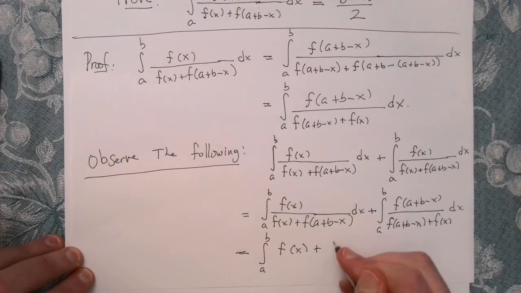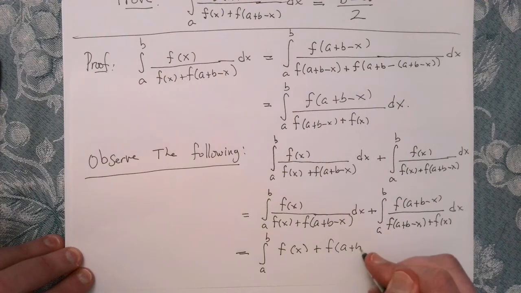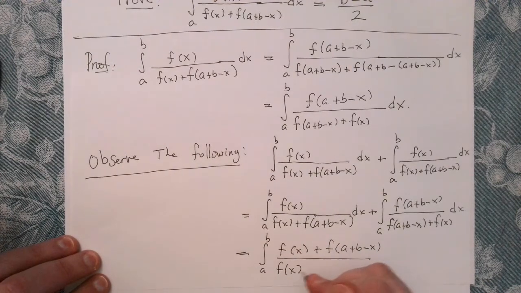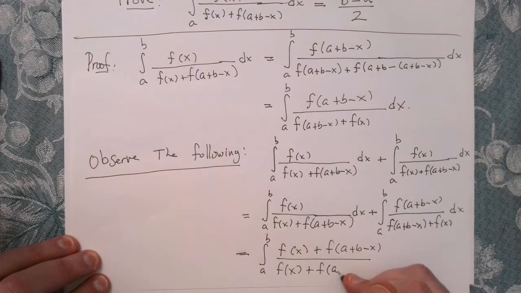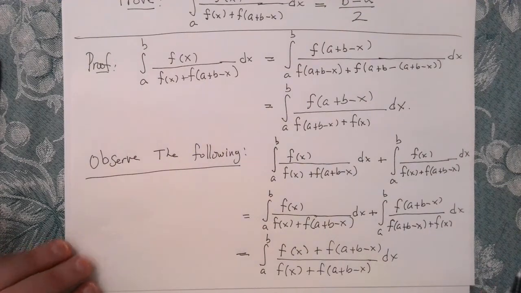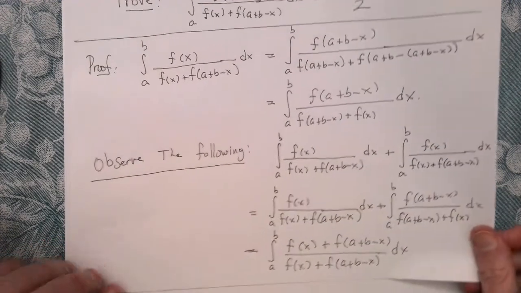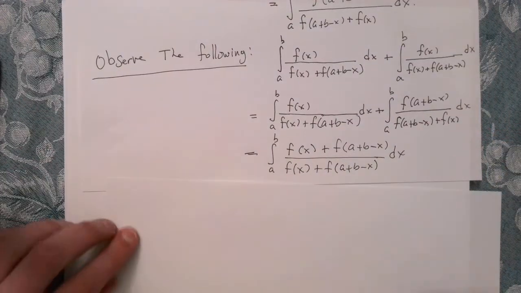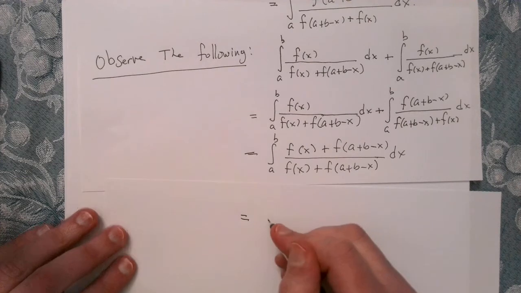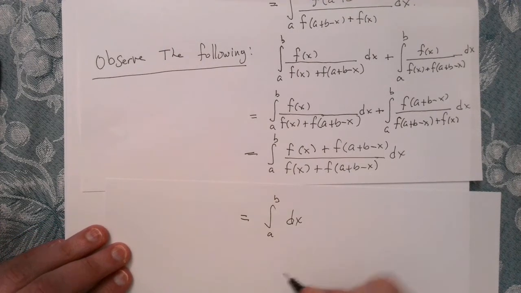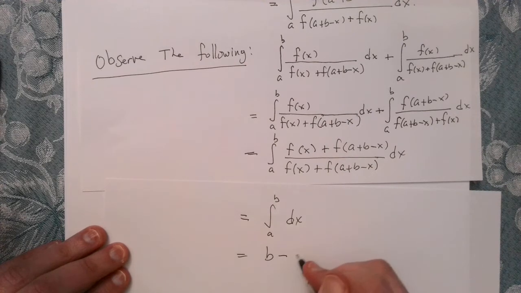And notice I've got common denominators. This just keeps getting better and better. Since I've got common denominators, it's the same thing over itself. How cool is that? But that means I'm just integrating one, right? So this is equal to the integral from a to b of 1 dx, and that's equal to b minus a.